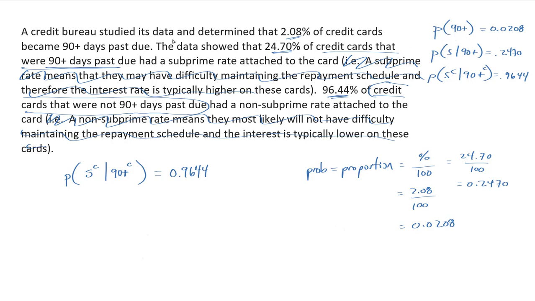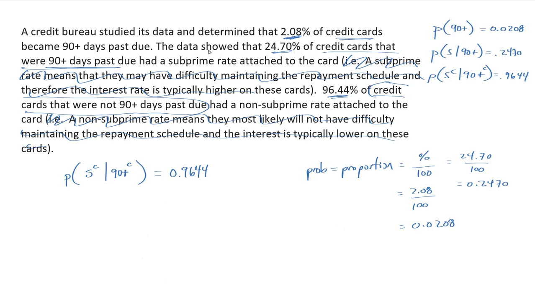It says a credit bureau studied its data and determined that 2.08% of credit cards became 90 plus days past due. So this is a percentage of all of the credit cards. They didn't say of credit cards that act a certain way or do a certain thing. But here, when I have my first conditional, they do.